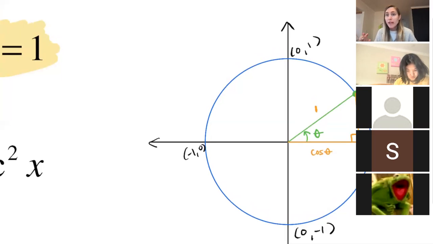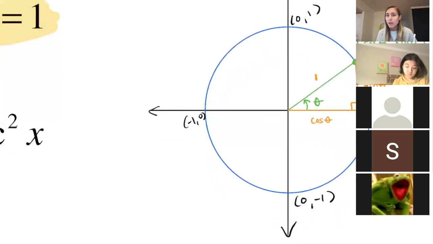Now, Rye mentioned the Pythagorean theorem, the relationship between the sides of a right triangle, a squared plus b squared equals c squared, where a and b are the legs of the right triangle, and c represents the hypotenuse.